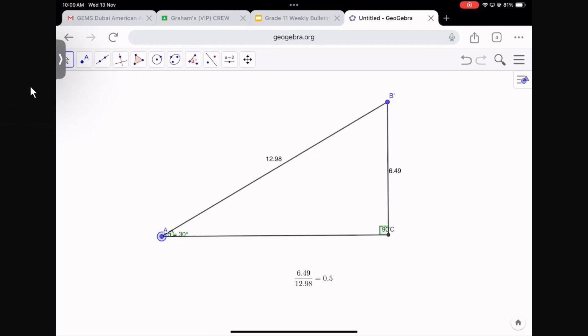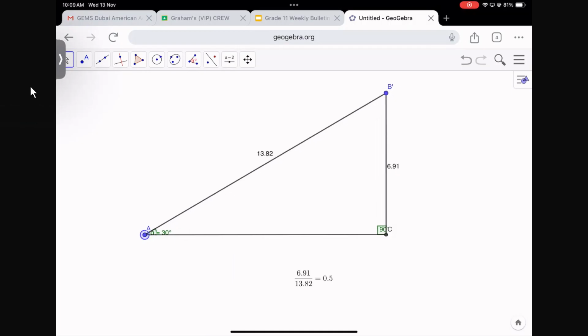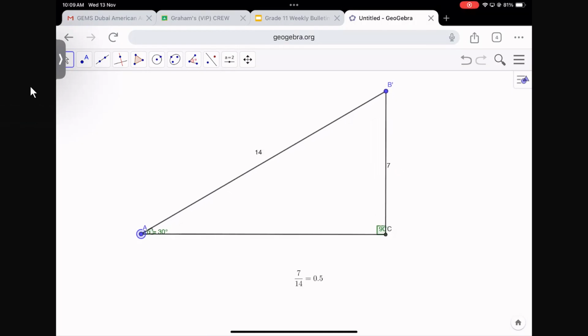Always going to be half the length of the hypotenuse when we're dealing with a triangle which has a 30-degree angle. Look, the opposite is always half of the hypotenuse. Now, that's not true for all right-angled triangles, but it's true for a right-angled triangle which has a 30-degree angle in it.